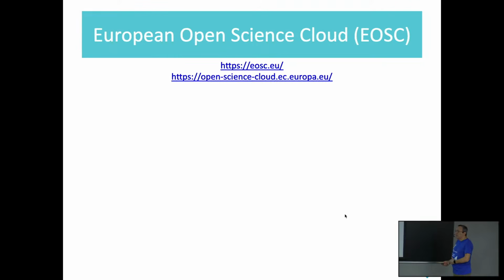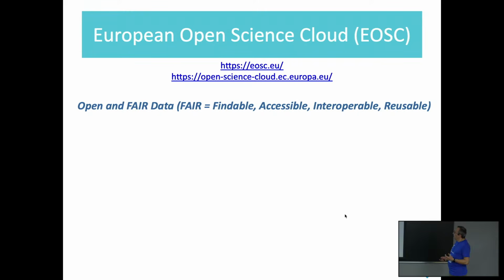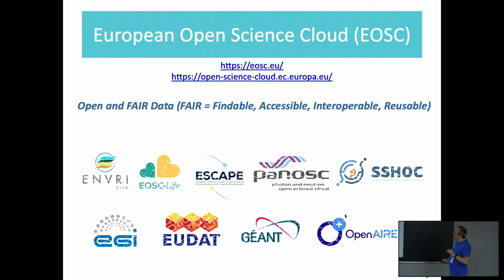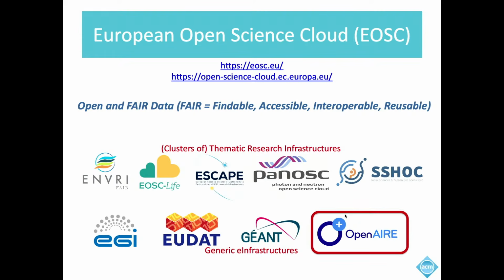I have been involved in coordinating and leading the European efforts for open science. There is the so-called European Open Science Cloud, which is about serving data openly and FAIRly, FAIR being findable, accessible, interoperable, and reusable. There are various clusters of infrastructures, thematic infrastructures, engineering infrastructures. I have been the coordinator of OpenAIRE, Open Access Infrastructure for Research in Europe.